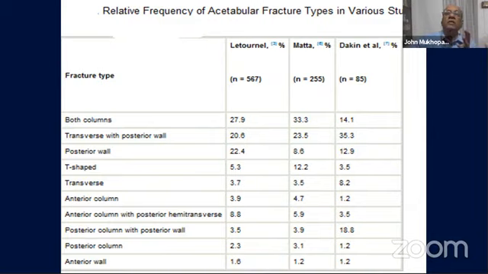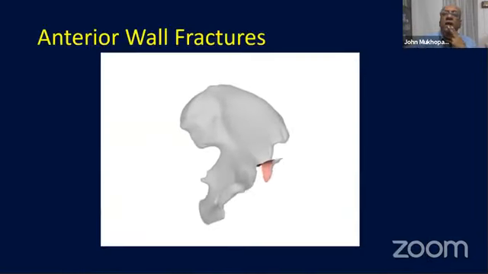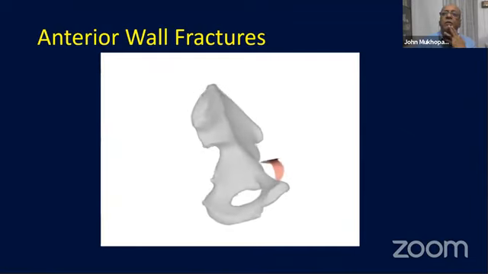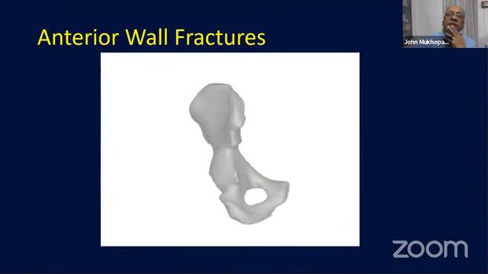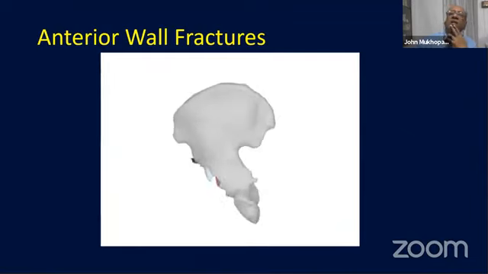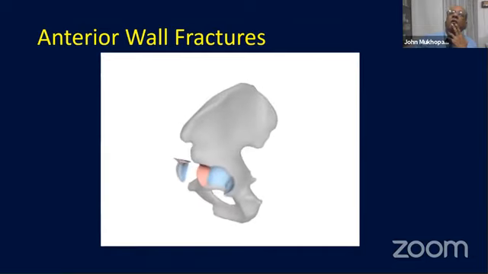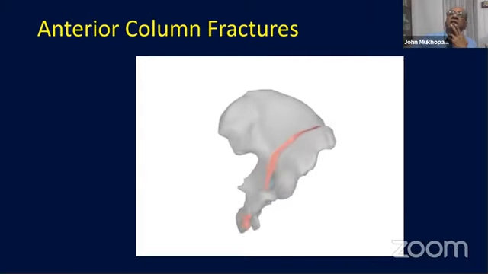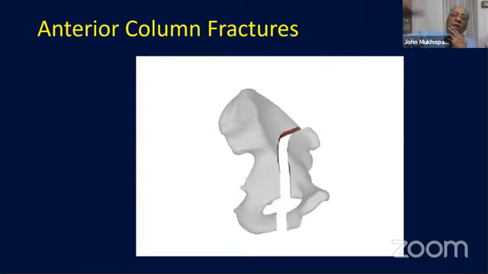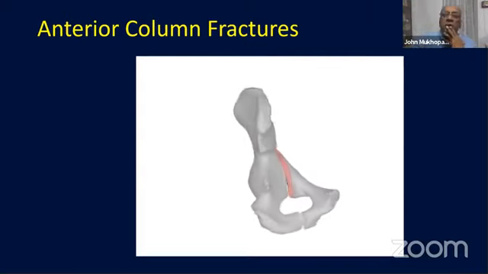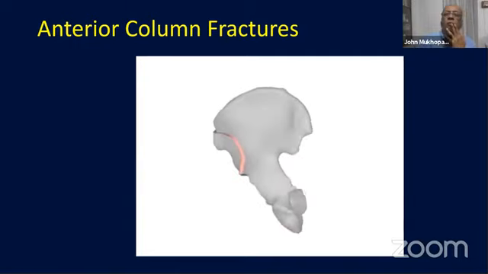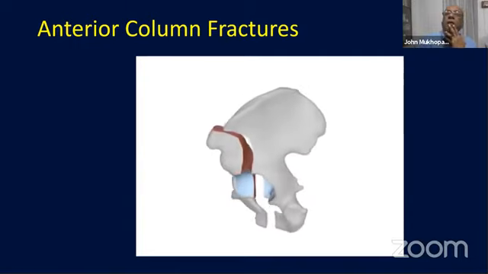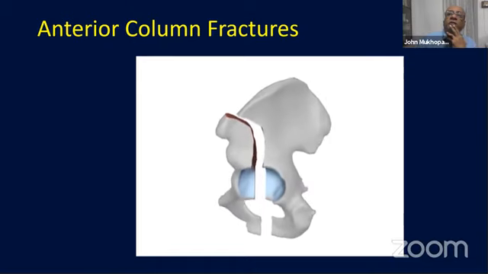So I'm going to talk about these three fractures, but combine the management together. These are basically the anterior wall fractures where the anterior wall is involved. The anterior column fracture extends all the way up to the iliac crest and down to the pubic rami. The exit from the ilium could be at various levels.